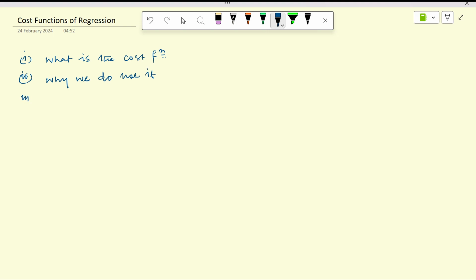And third, there are different types of cost functions in regression.